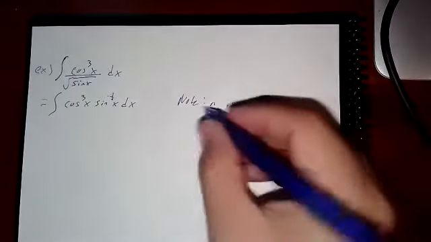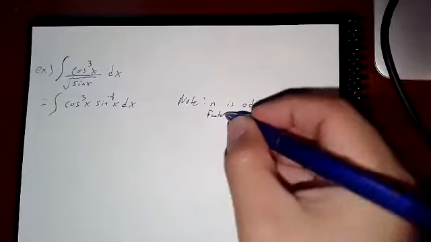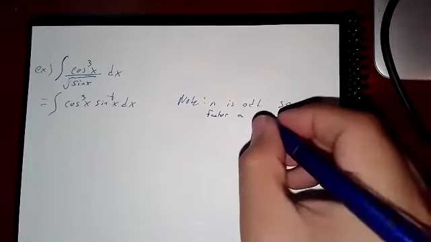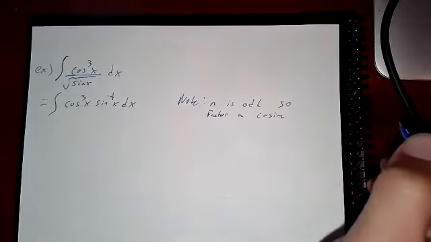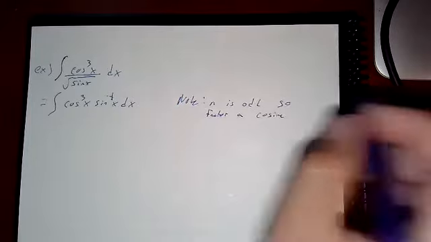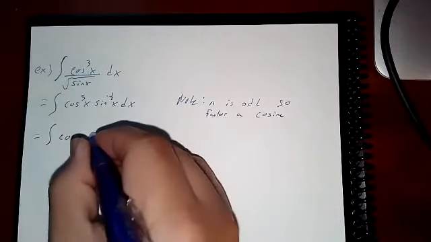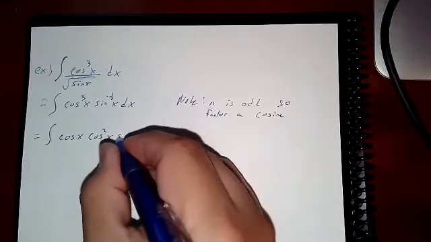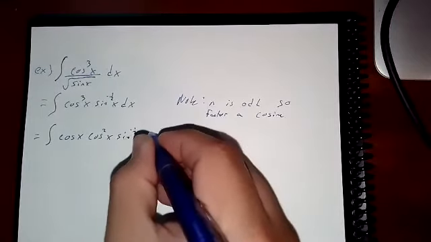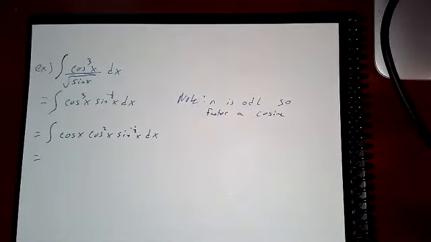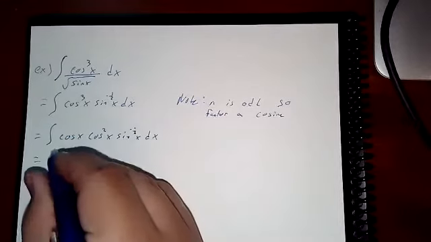So factor a cosine. So cosine would be pulled out, and then we deal with the cosine squared. Okay, so we will change this into 1 minus sine squared.